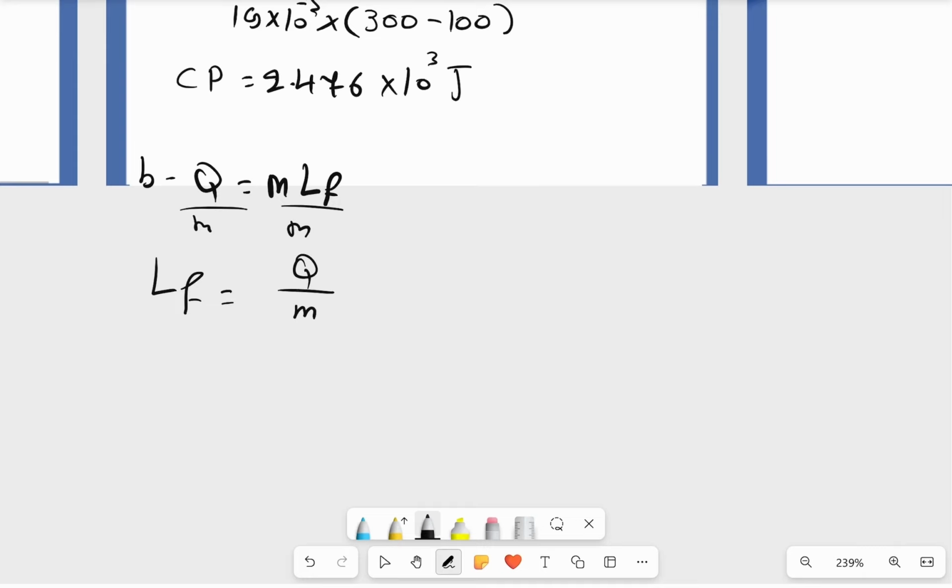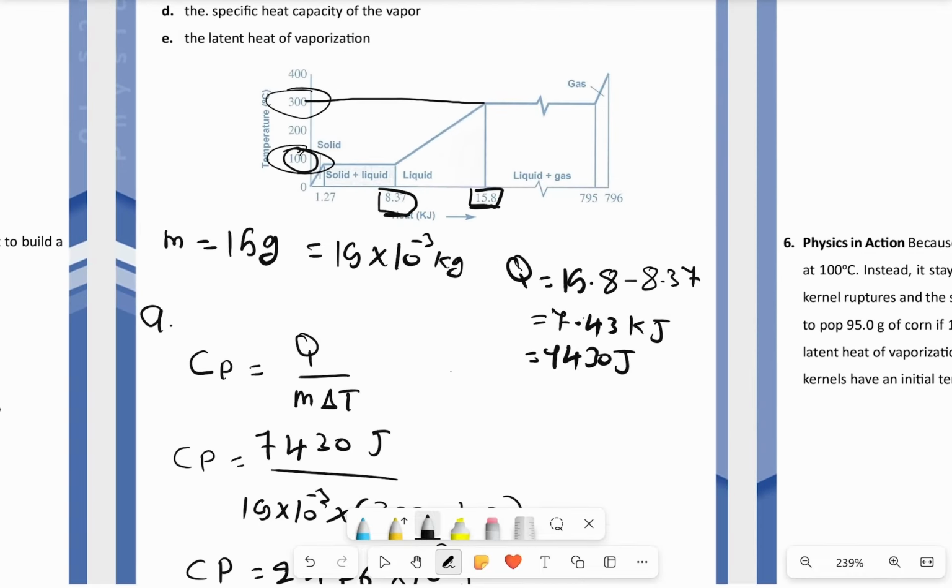Now, how do I find this one? Where do I get this number from? It's asking for latent heat of fusion, and what is latent heat of fusion? It is basically solid to liquid or liquid to solid, and the temperature should be constant. Careful, the temperature should be constant. So in the graph, where do you see a constant temperature?